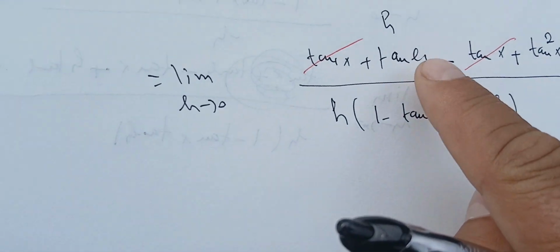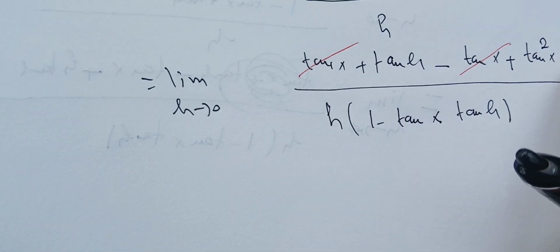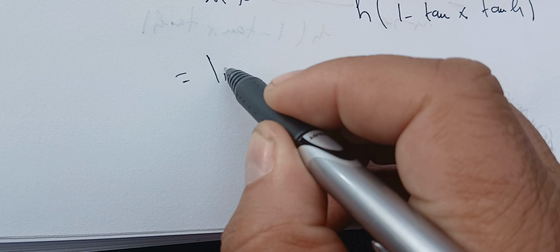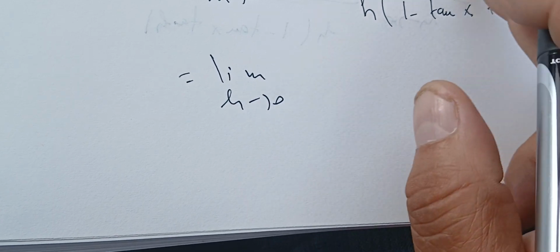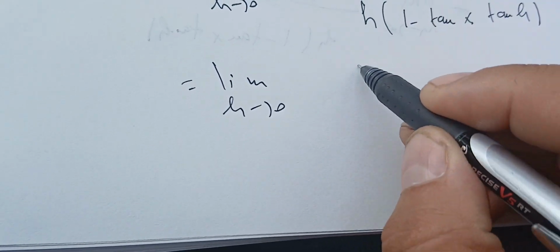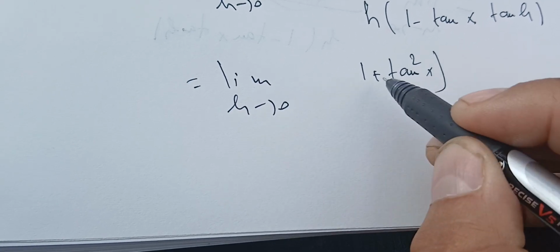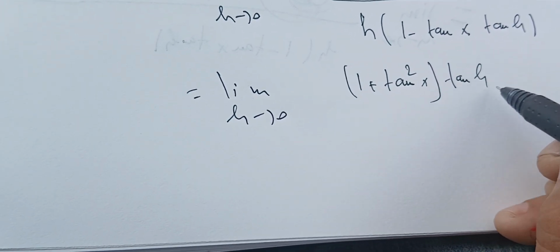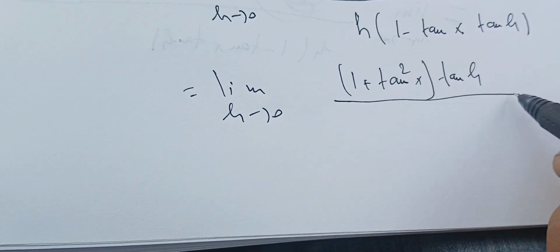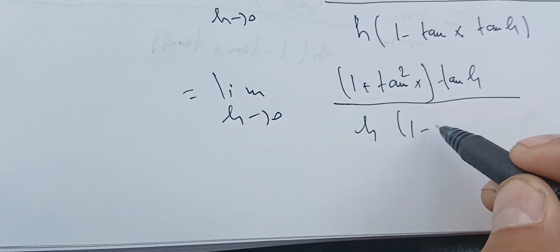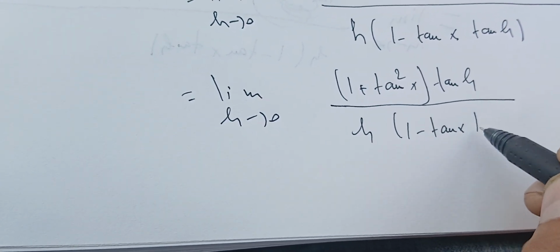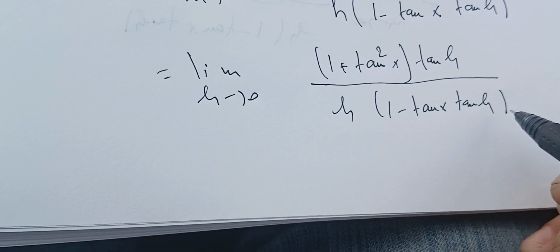We see that tangent h is here and it's here as well, so we're going to do the limit as h goes to 0 of 1 plus tangent squared of x times tangent h, over h times 1 minus tangent x tangent h.